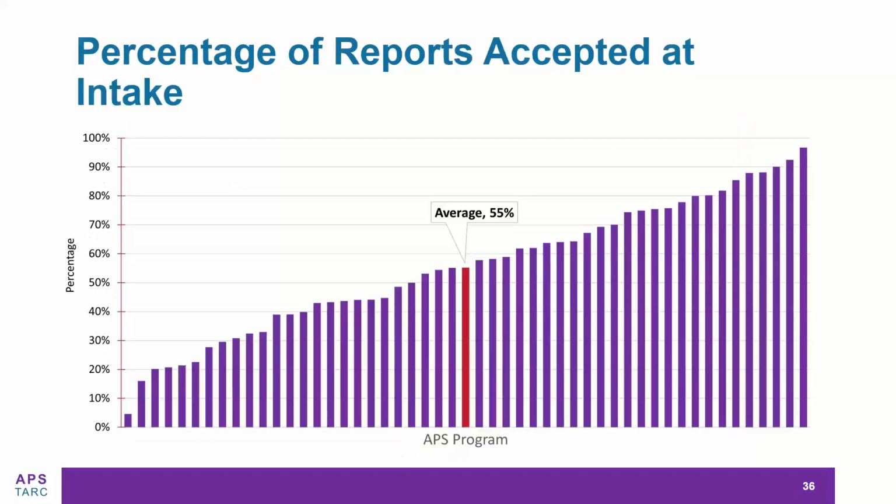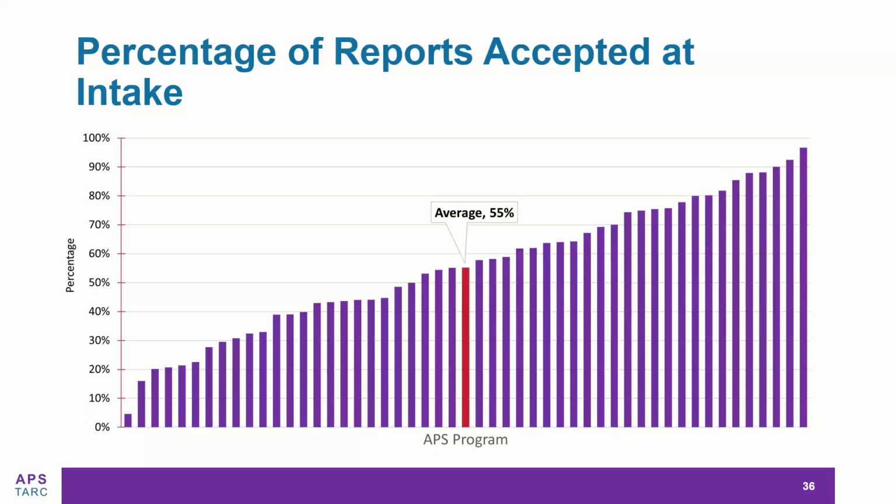So next slide is the percentage of reports that are accepted at intake. Same thing. You've got some intake systems that are accepting almost all of the reports, and you've got some intake systems that are not accepting very many of the reports. Huge range, huge outliers.